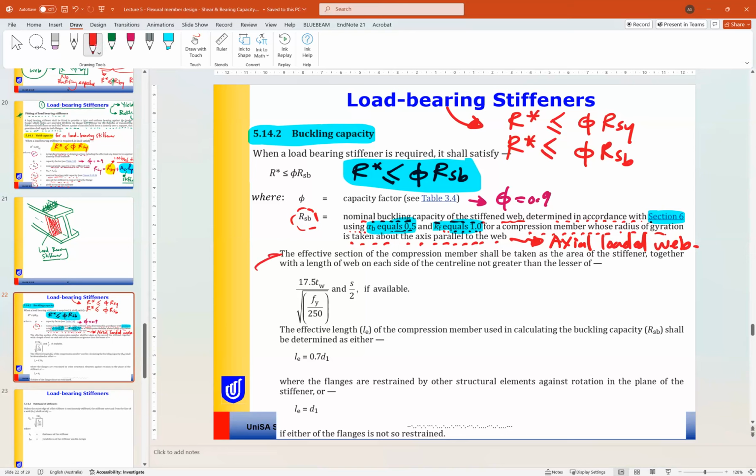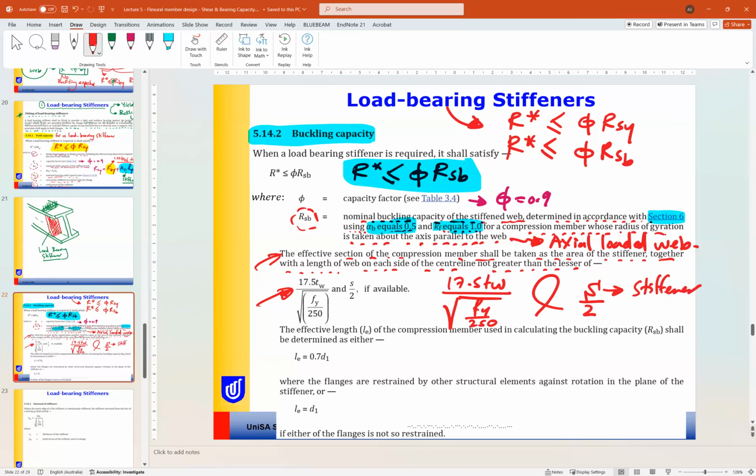The effective section of the compression member shall be taken as the area of stiffener together with the length of the web on each side of the center line, not greater than the lesser of these two values. So 17.5 TW divided by root F yield over 250, and S over 2. Again, S is the stiffener spacing.